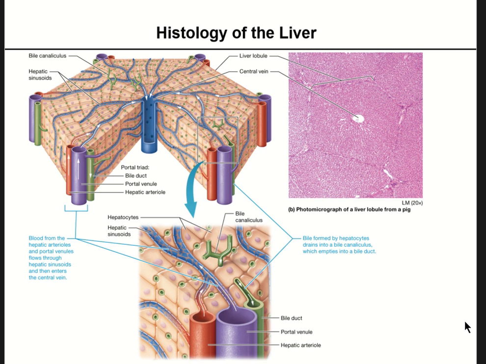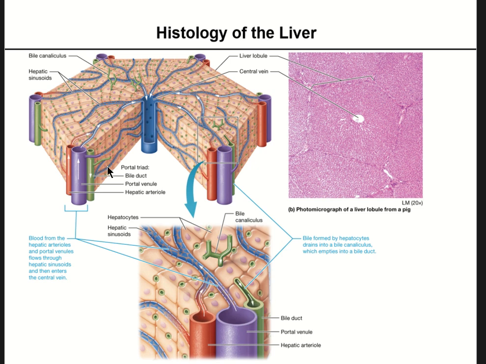So the venule is actually going to be a branch of your hepatic portal vein. So that's the one that's before the liver that feeds oxygen poor, nutrient rich blood into the liver. And remember, hepatic veins, without the portal, just the veins, are the ones that take away the deoxygenated, used blood from the liver back to your inferior vena cava. Then you have this green vessel right here, and that's a little bile ductule.